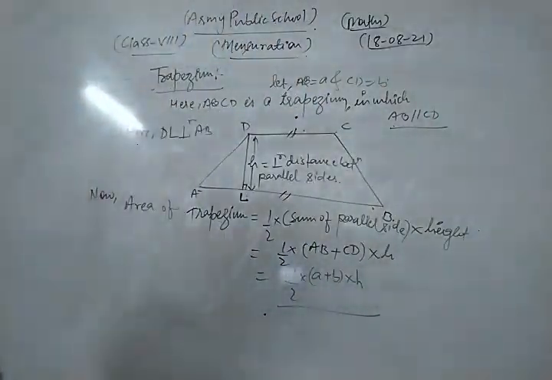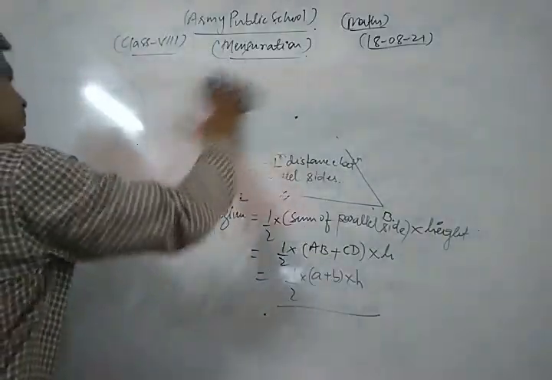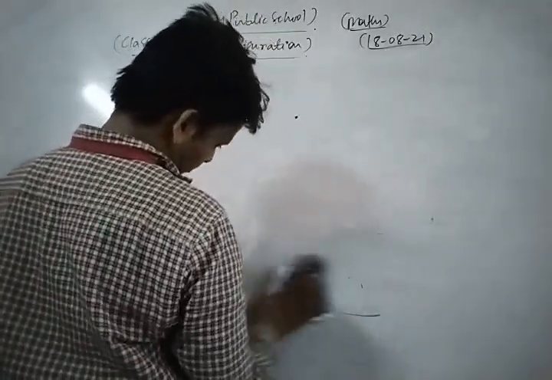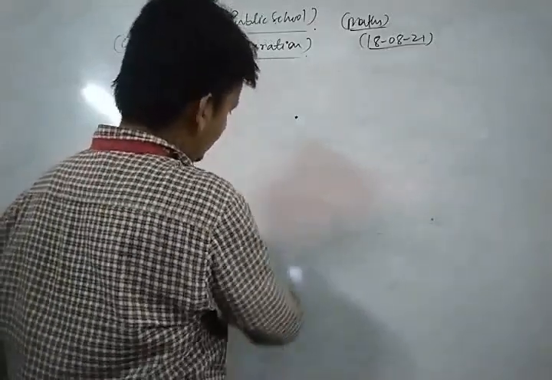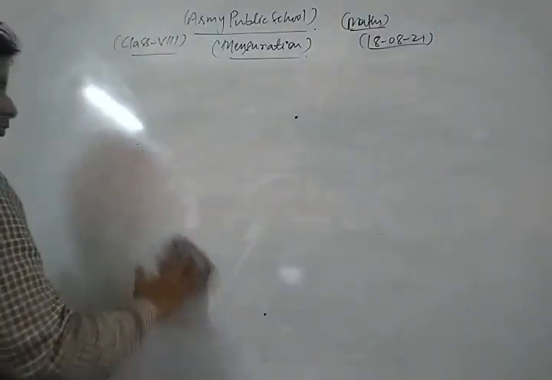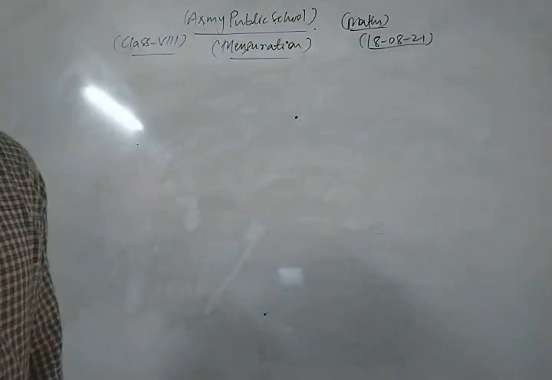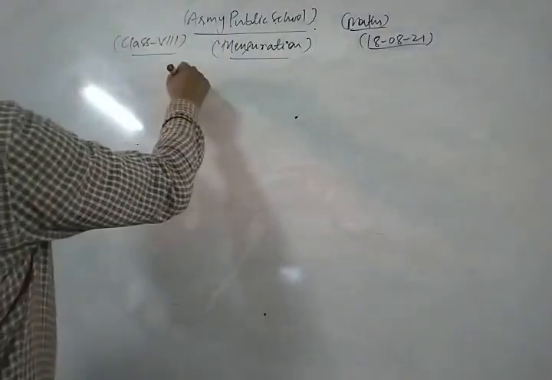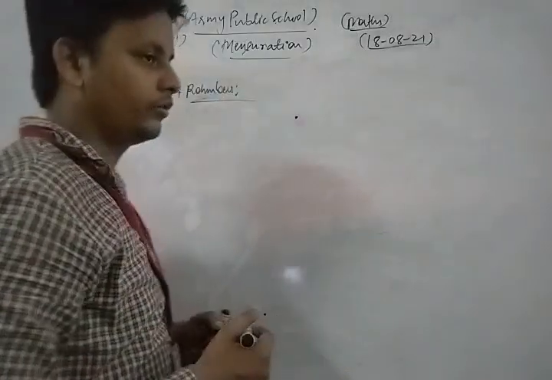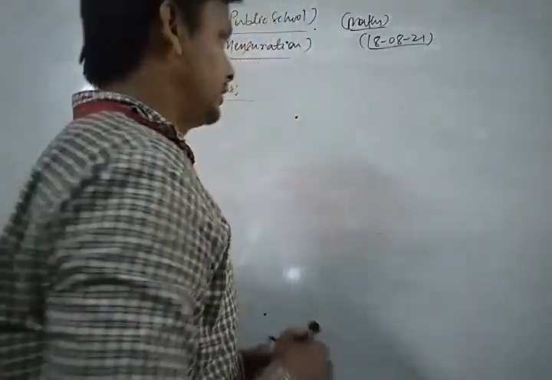Now we are going to discuss the rhombus. Let's see. The rhombus is also a very special type of quadrilateral in which opposite sides are parallel and all sides are equal.